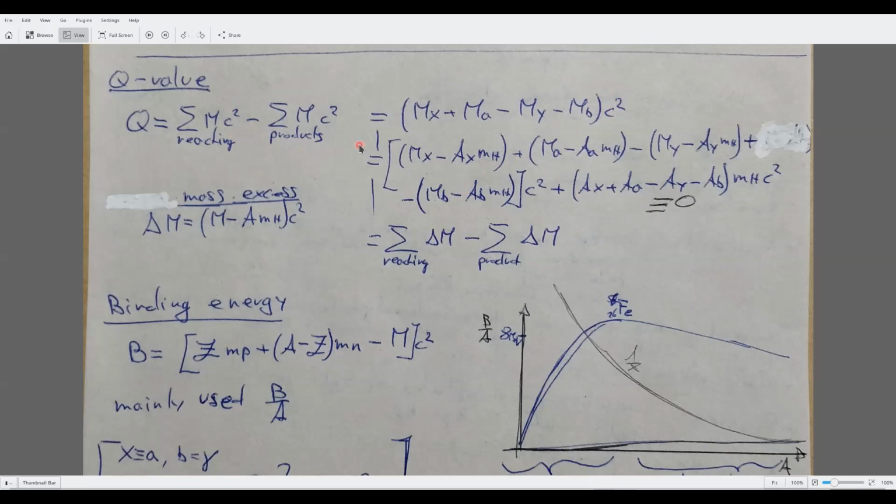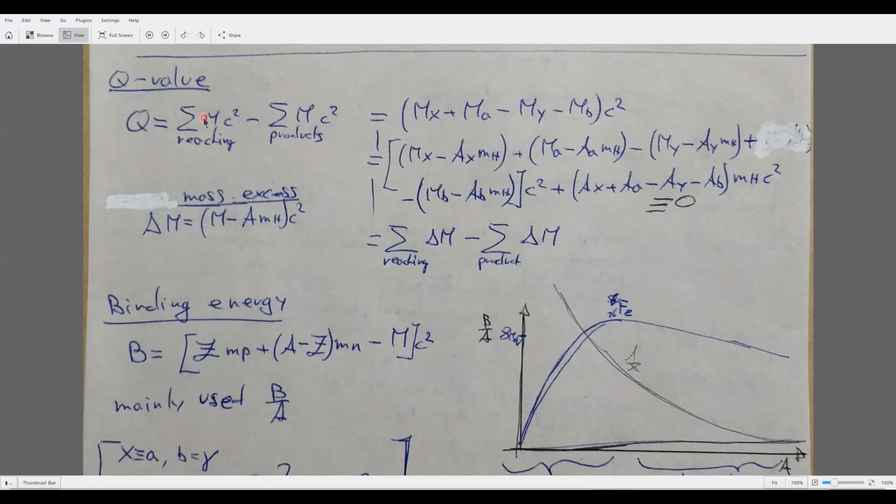These differences are important because the Q value tells us if the reaction is releasing energy or absorbing energy, exothermal or endothermal. If the Q is positive, the reaction releases energy, and this permits the system to maintain the production and continue to have a nuclear reaction.